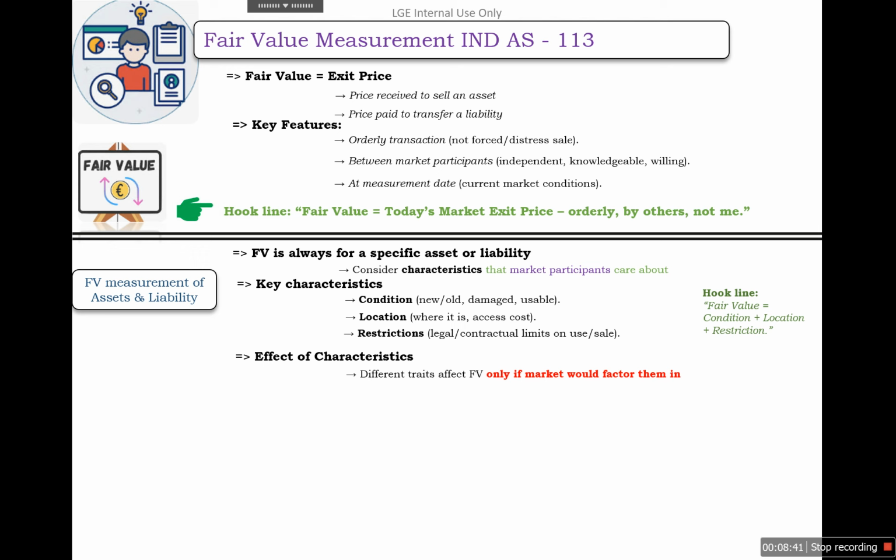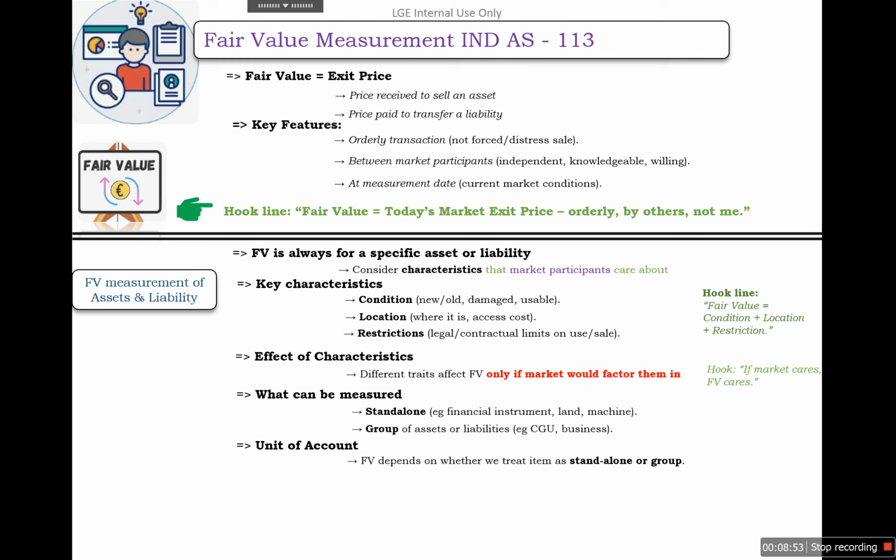So when we are valuing the assets and liabilities, it can be measured either standalone or as a group of assets, for example, a cash generating unit or a business. And unit of account fair value depends on whether we treat them as standalone or as a group. And the relevant standard will decide what the unit of account will be.